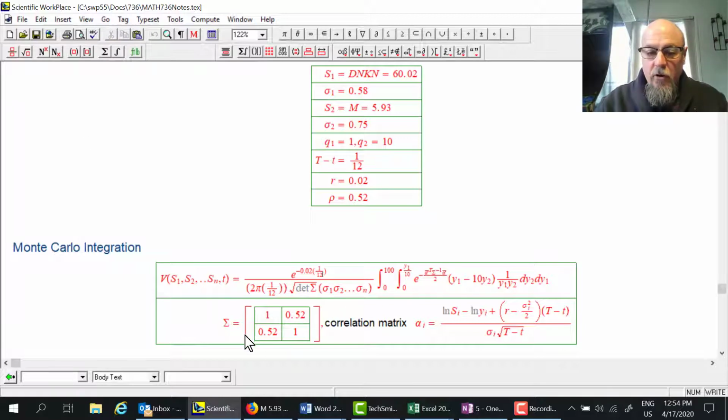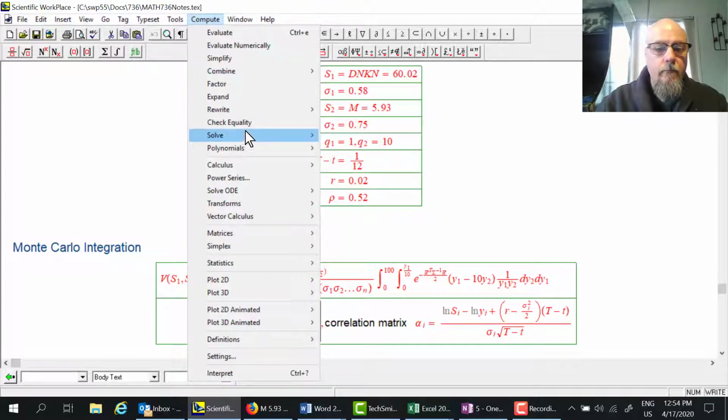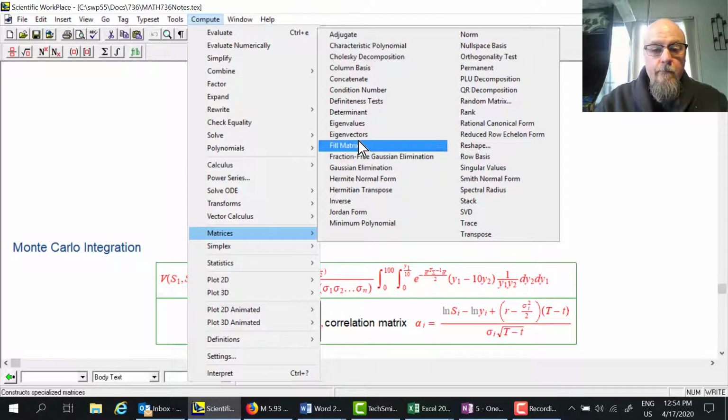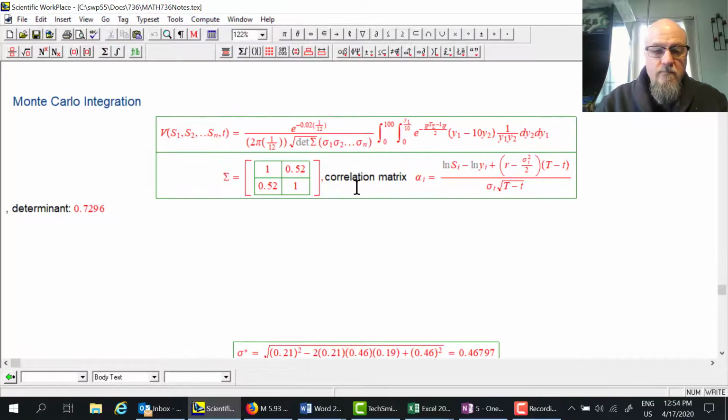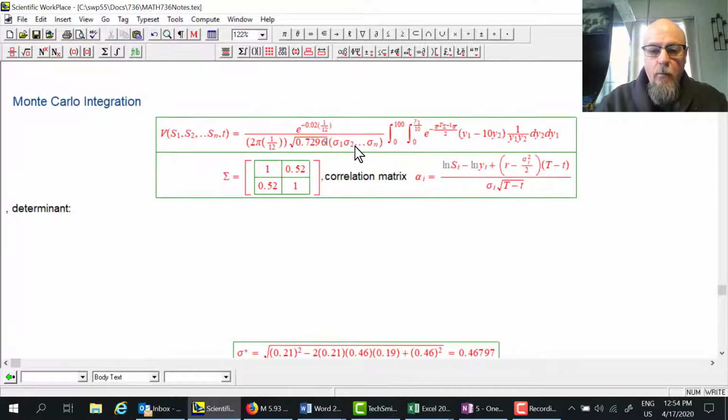Oh, I need the determinant of that sigma. So this determinant goes in here. We only have the 2 sigmas, sigma 1 and sigma 2. We'll fill those in. We have numbers for those.